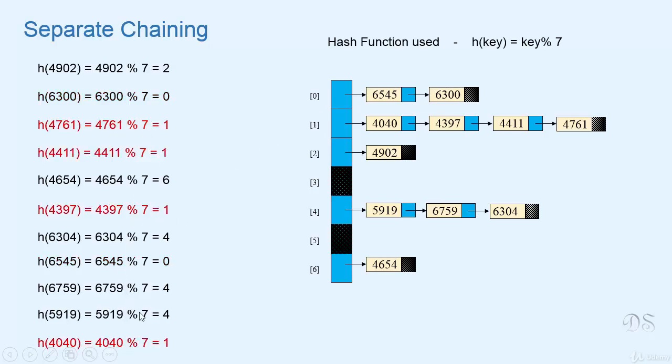These 4 keys are mapped to location 1, so they are in this list. This key is mapped to location 2, so it is in this list. These 3 keys are mapped to location 4, so they are in this list. And this key is in this list. So keys are stored in respective lists depending on their hash addresses.